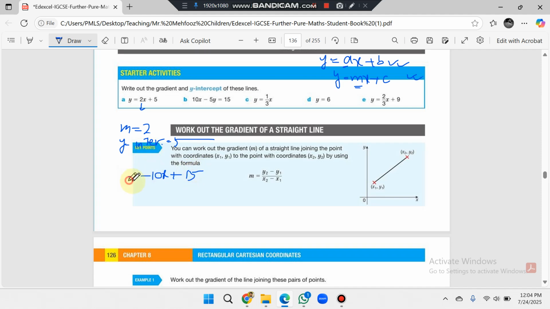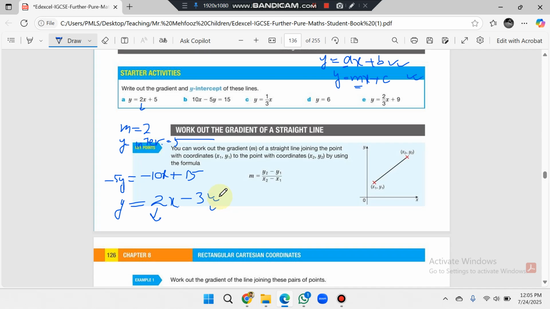I just put 10x on the other side, right? And here is minus 5y. After that, we divide the whole equation by minus 5. So it becomes y equals 2x minus 3.